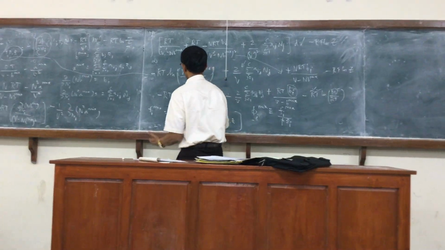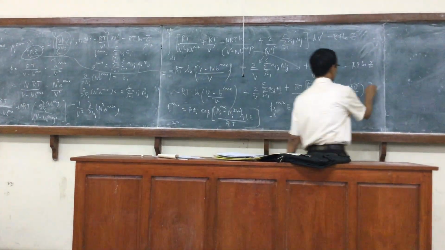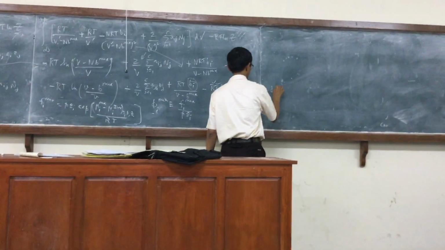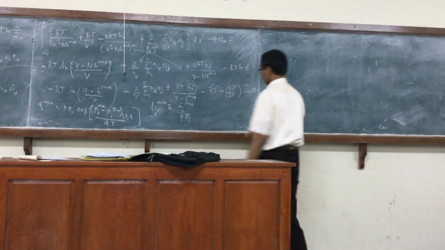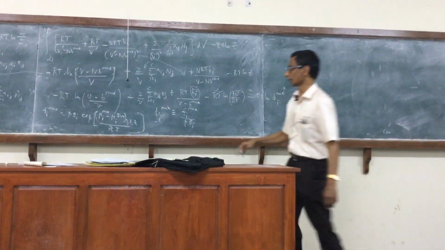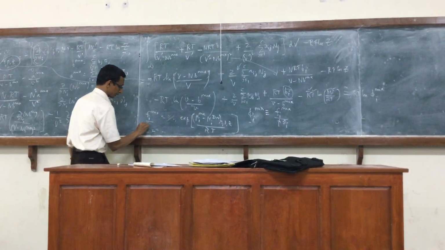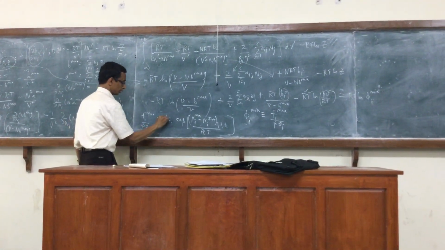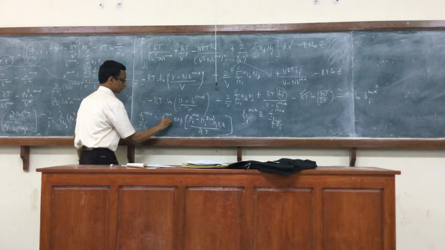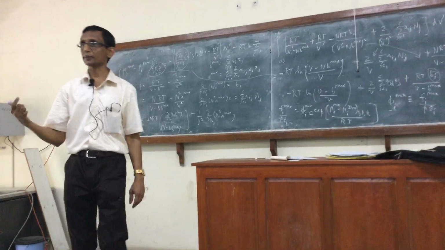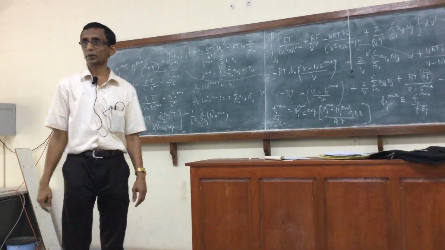So this whole expression then becomes RT log phi_i mix, and phi_i mix is actually simply the exponential, just like the fugacity of the pure component.